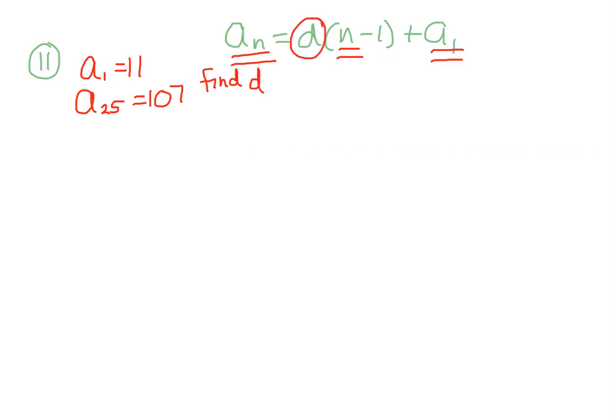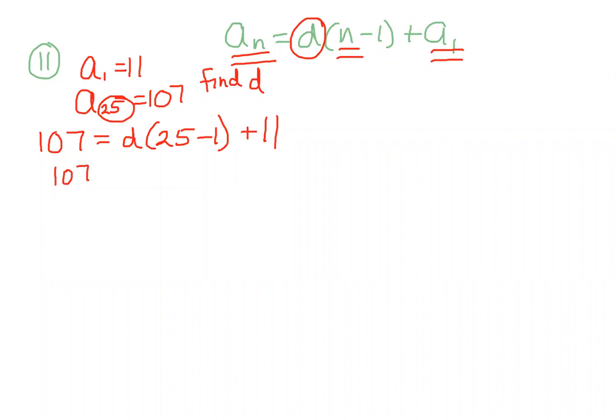So substitute in what we know. 107 equals D times 25 minus 1. This is the N plus A1. And now you can solve for D. So you get 107 equals 24D plus 11. So 96 equals 24D, and D equals 4.